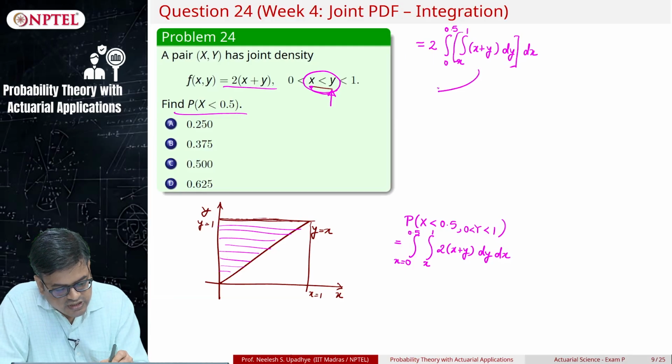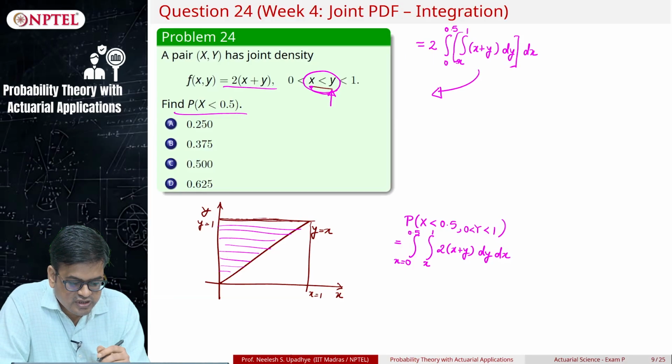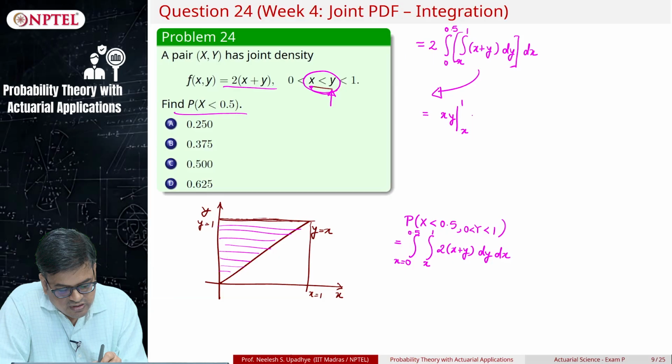So, I will pull this inner integral out, and what will this be? First term x with respect to y is a constant. So, this inner integral will essentially turn out to be equal to x as it is, and y, where y is varying from x to 1, plus the second term.